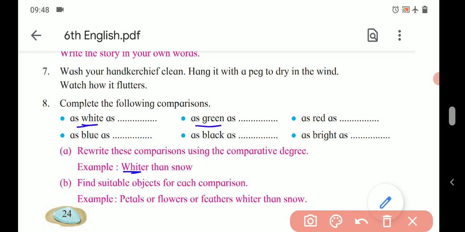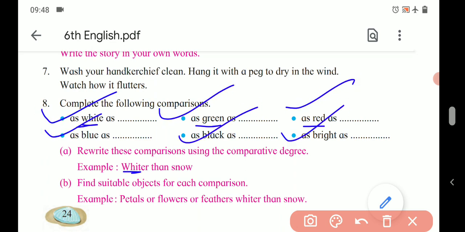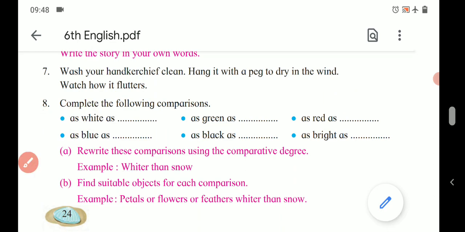Next, as green as grass, so greener than grass. As red as cherry, redder than cherry, right? So in this way you have to write the comparative forms of all of these phrases. Remember, whatever forms we change, that is white, whiter, green, greener, these are forms of adjectives.